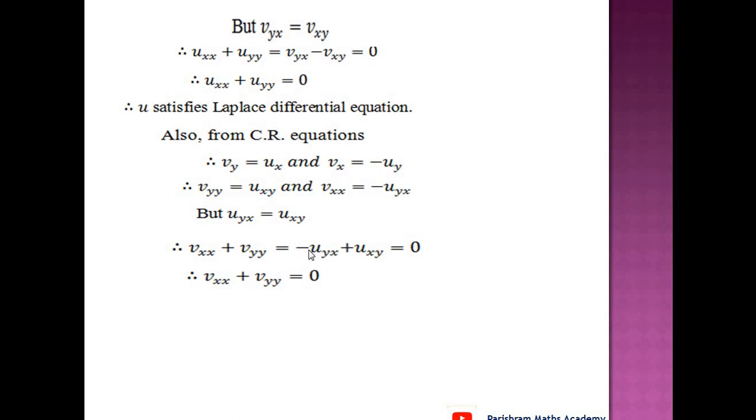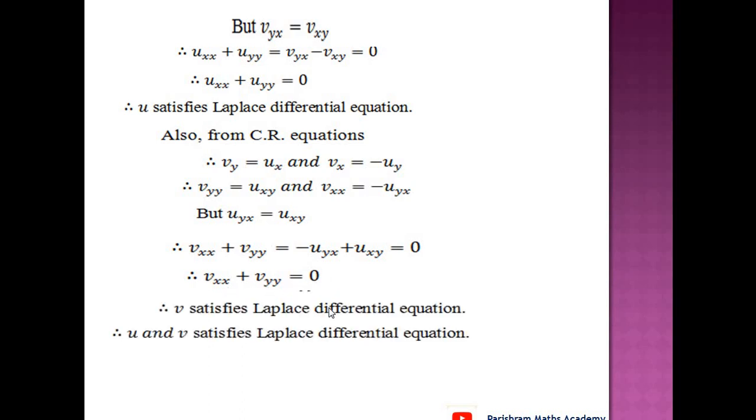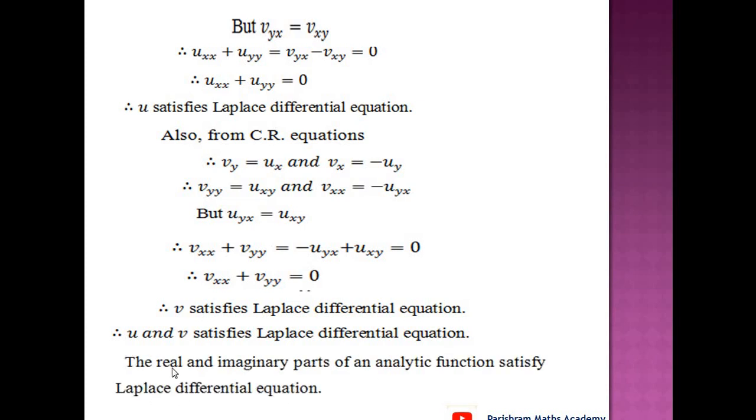These both terms are the same, therefore their subtraction is 0. Therefore vxx + vyy = 0, and therefore v satisfies Laplace differential equation. Therefore u and v satisfy Laplace differential equation. It means the real and imaginary parts of an analytic function satisfy Laplace differential equation.